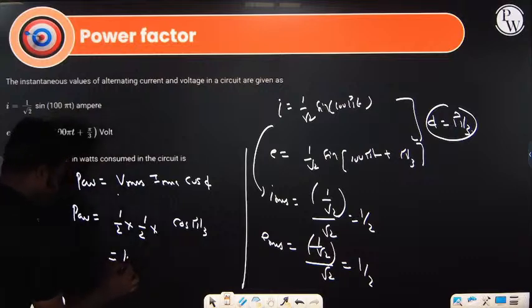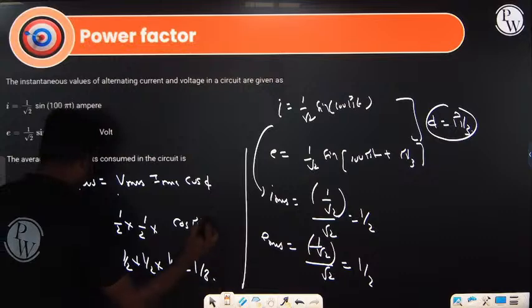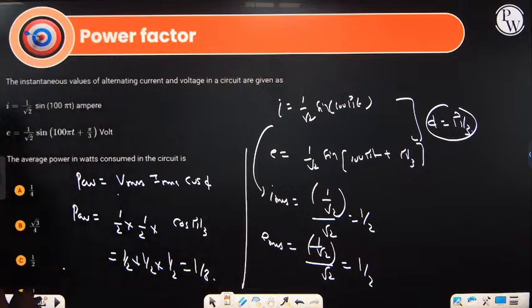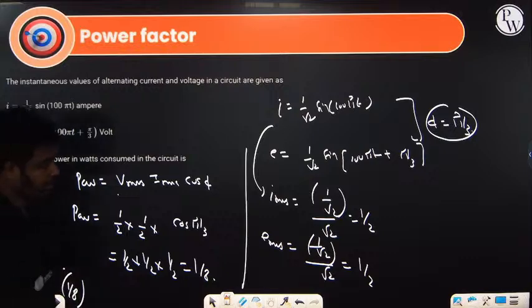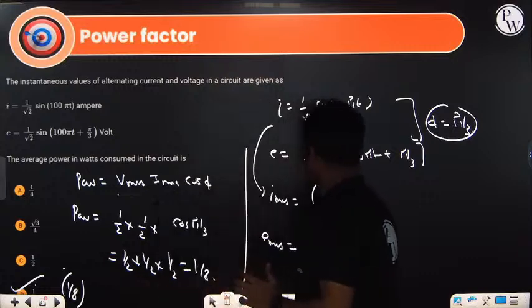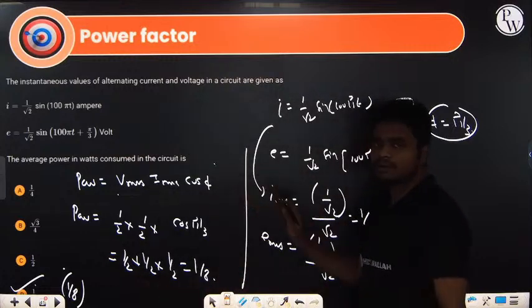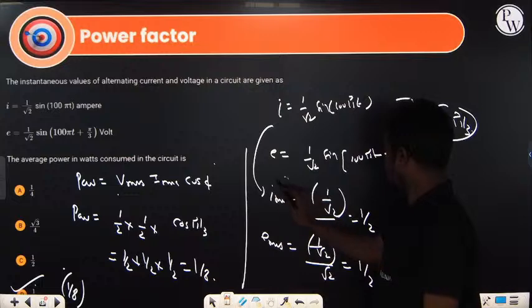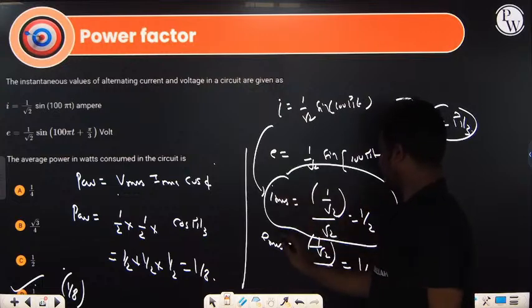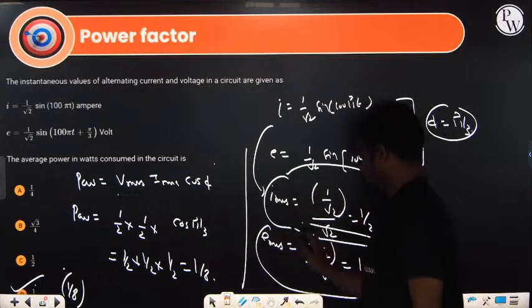So we get 1 by 2 into 1 by 2 into cos pi by 3, that is 1 by 8. So the answer is option D, 1 by 8. We are using the simple formula Vrms Irms cos phi, where Vrms is I naught by root 2 and Irms is also I naught by root 2.